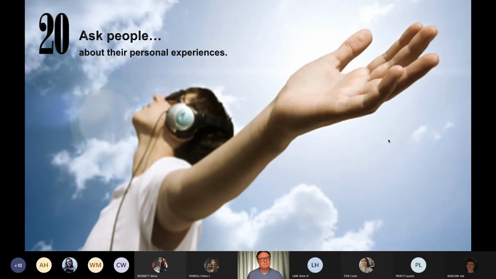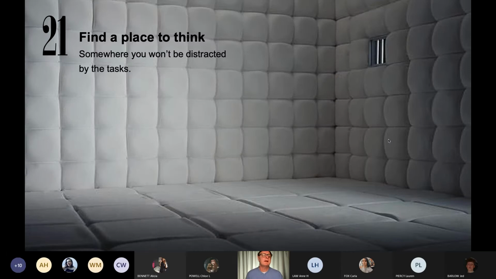Tip number 21. Find a place to think. This is actually really quite important in a very busy, noisy 21st century. Find somewhere you won't be distracted by the tasks around you.